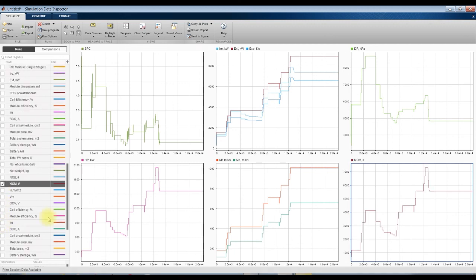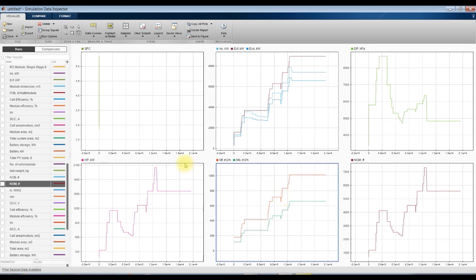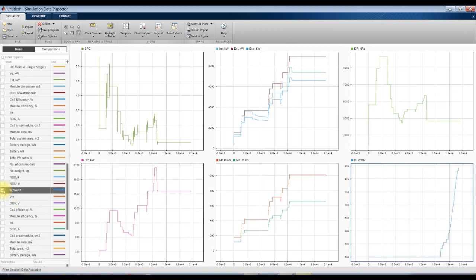Yes, and let's see here. There's number of modules. Okay, number of modules here. Okay, this is solar radiation, increasing solar radiation.